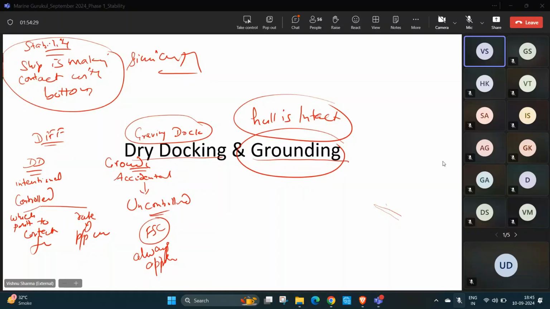And where is it supported? Is it supported along the entire breadth? What is the nature of the seabed? Is it marshy? Is it solid? Is it reef? Those things are not in your control. Therefore, FSC in grounding is always applicable. There is no stage in which FSC is to be ignored. Am I clear, beta? Guys, any questions on what I said just now?